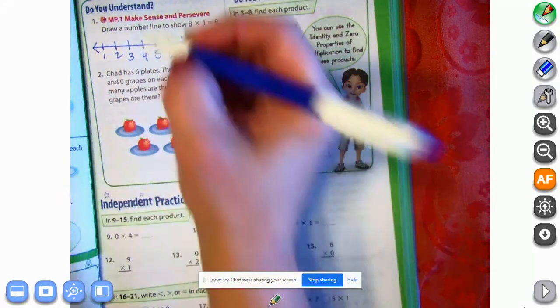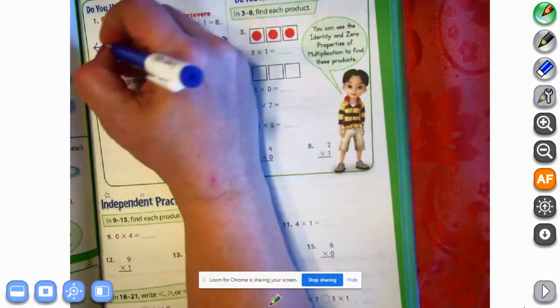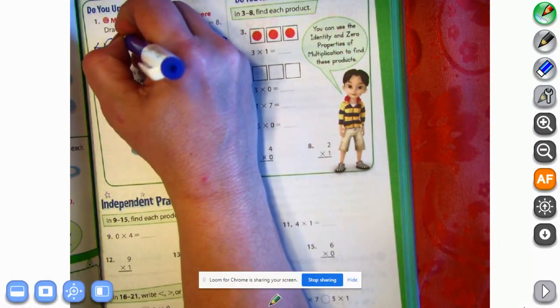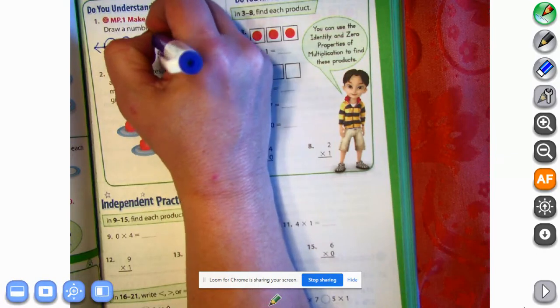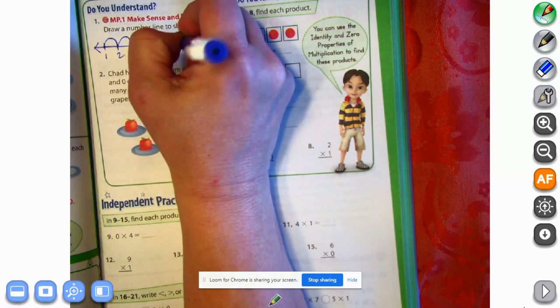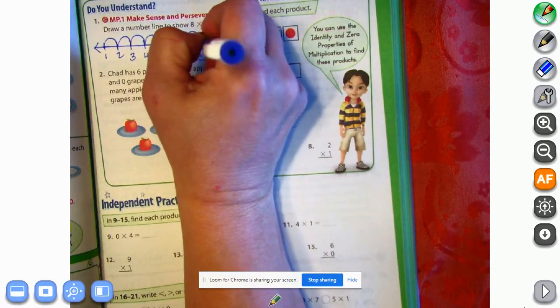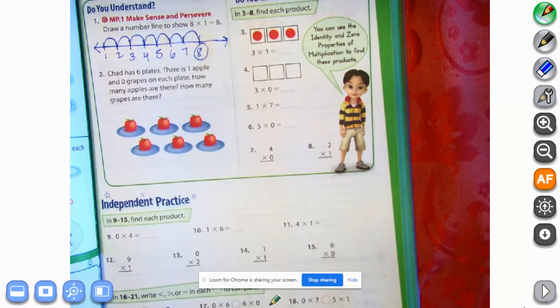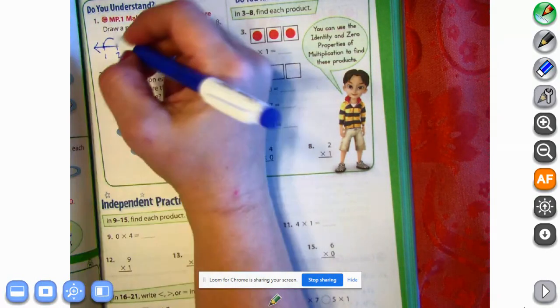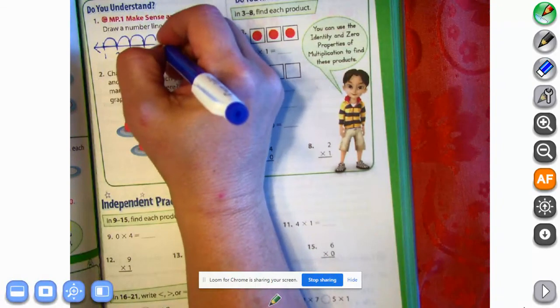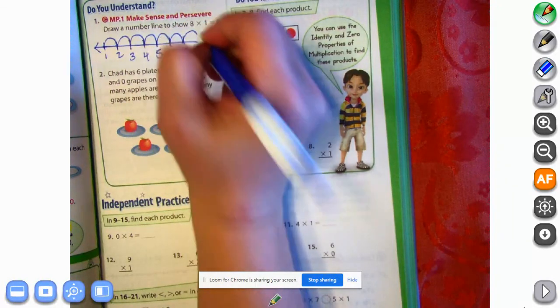And if we're doing 8 times 1, I'm going to jump 8 times. 1, 2, 3, 4, 5, 6, 7. And the answer would be 8. So I did 1, 2, 3, 4, 5, 6, 7, 8.